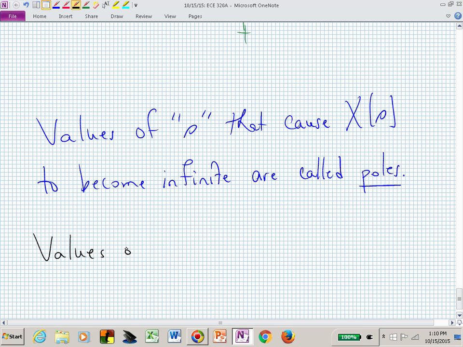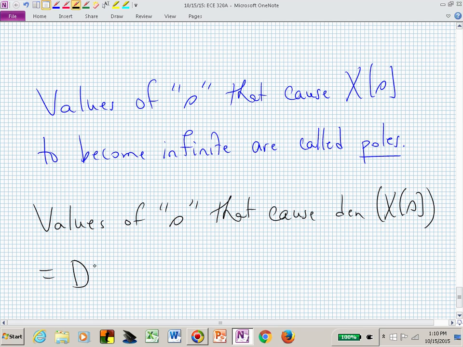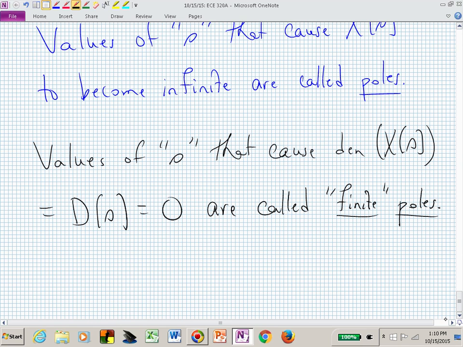We can say values of s that cause the denominator of X of s, which we've now labeled as capital D of s, to equal 0 are called finite poles. We usually don't use the finite adjective.